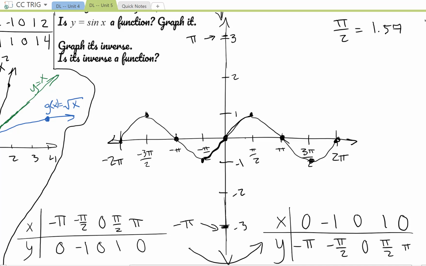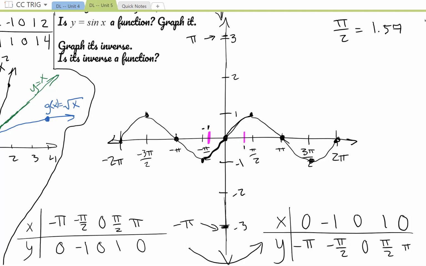So if we take about 2/3 of that, we'll get the best estimate that we can for where pi halves would lie. Sorry, for where 1 would lie. These will represent 1 and negative 1.